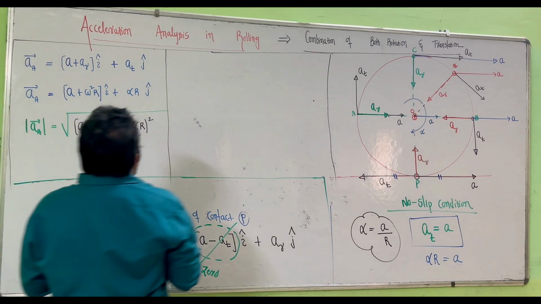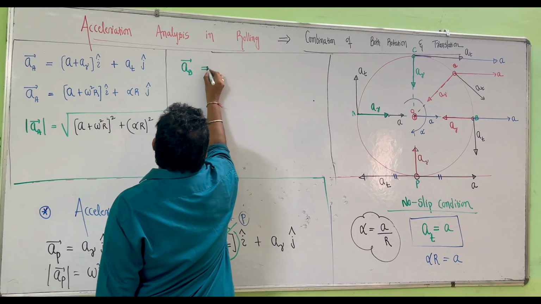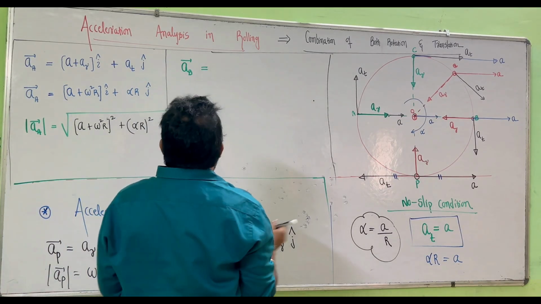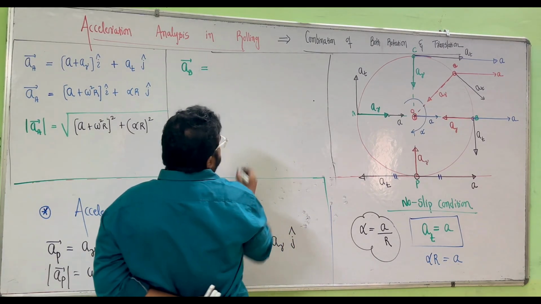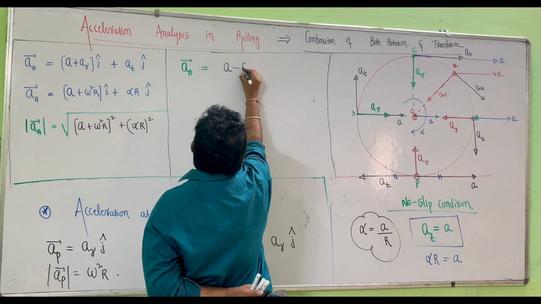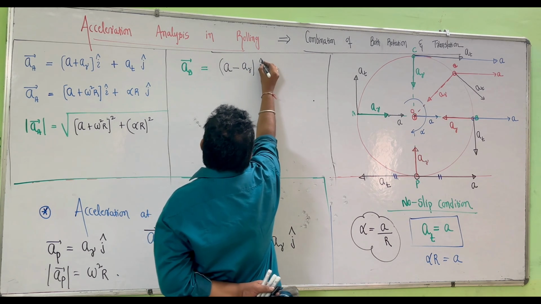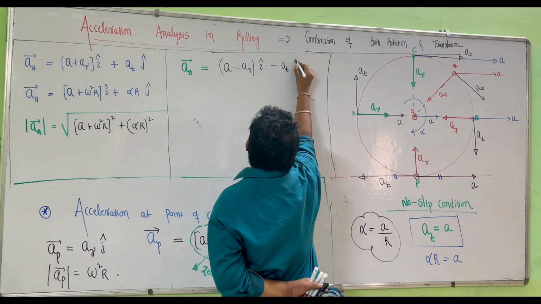What is the magnitude of acceleration at point B? A minus AR I cap, minus AT J cap.